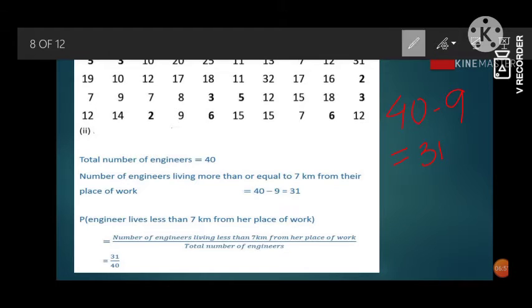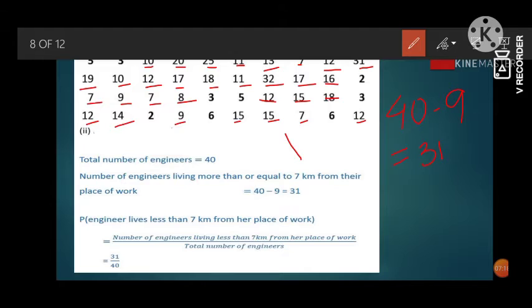If we count them, you can see 1 2 3 4 5 6 7 8 9 10 11 12 13 14 15 16 17 18 19 20 21 22 23 24 25 26 27 28 29 30 31. So 31 are the engineers.